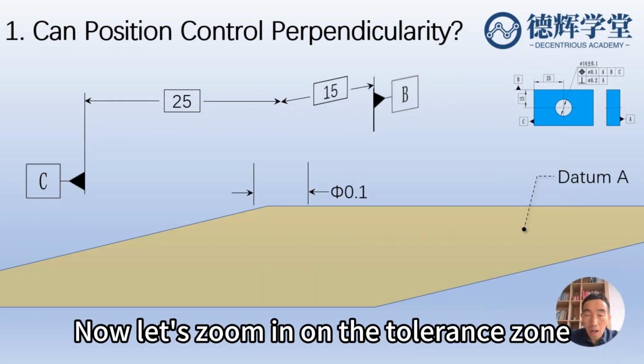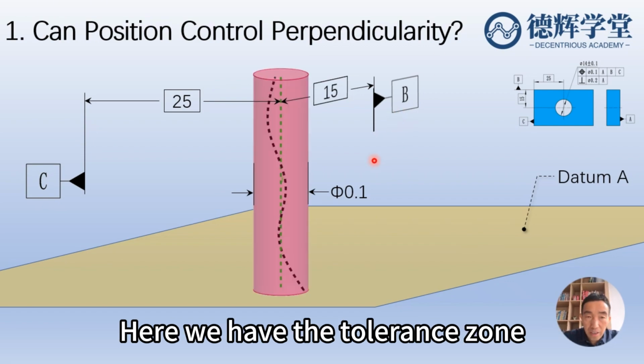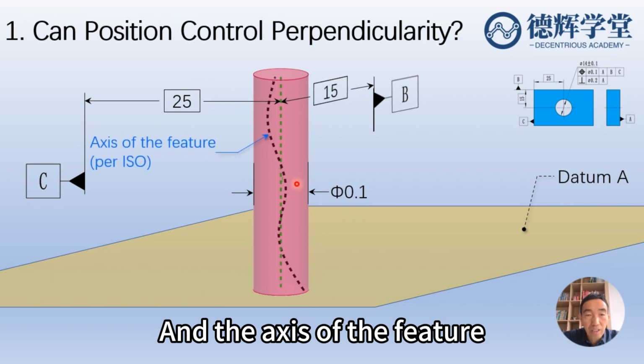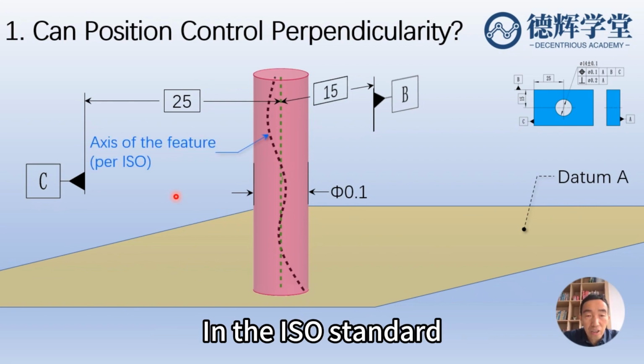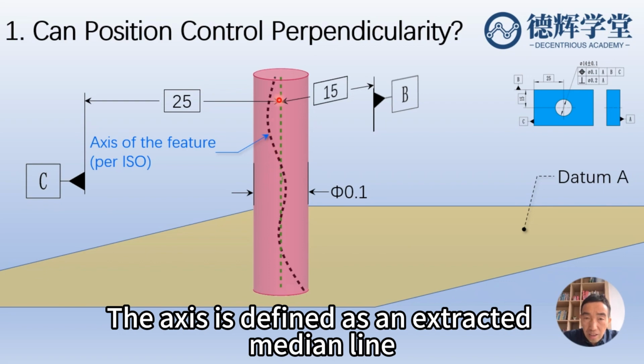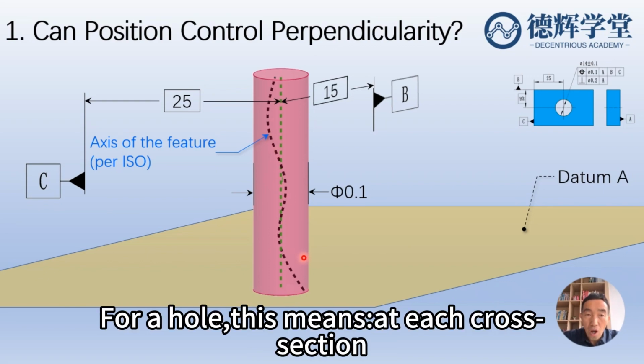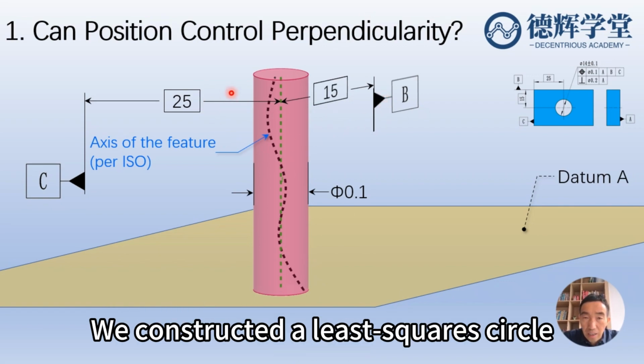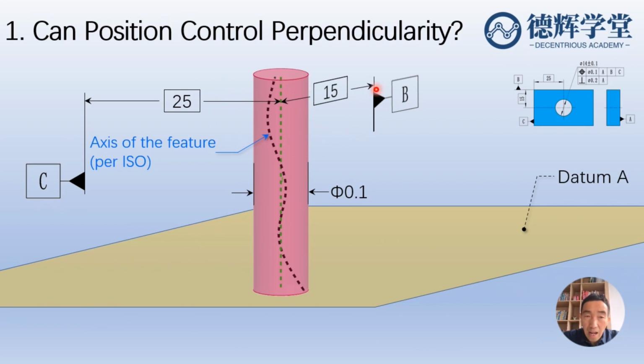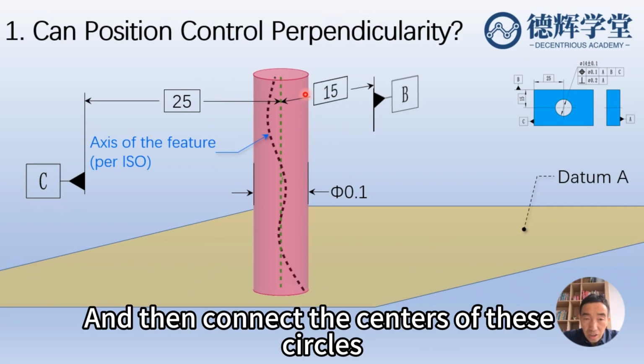acceptable. Now, let's zoom in on the tolerance zone. Here, we have the tolerance zone and the axis of the feature. In the ISO standard, the axis is defined as an extracted medial line. For a hole, this means at each cross-section, we construct a least square circle, and then connect the centers of these circles.